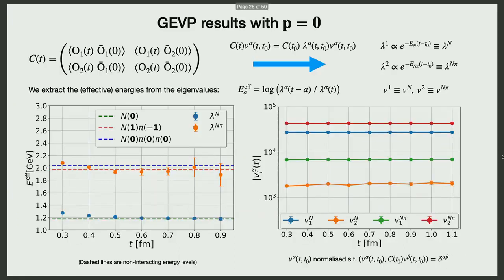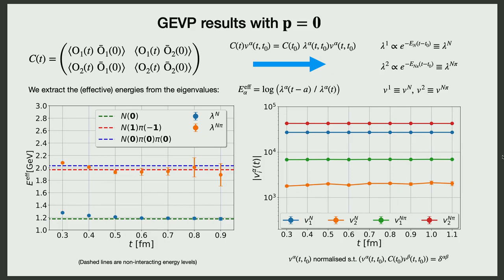And then finally, we use the 2-point functions to solve the GEVP, and these are the results of the GEVP at zero momentum. What we observe is that the first eigenvalue follows with an energy of the nucleon, so the ground state. The second eigenvalue has an energy very close to the Nπ or Nππ non-interacting energy.